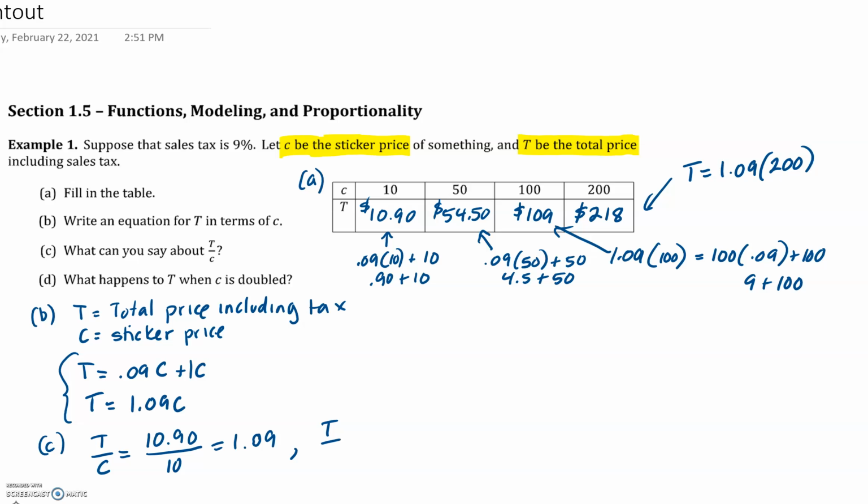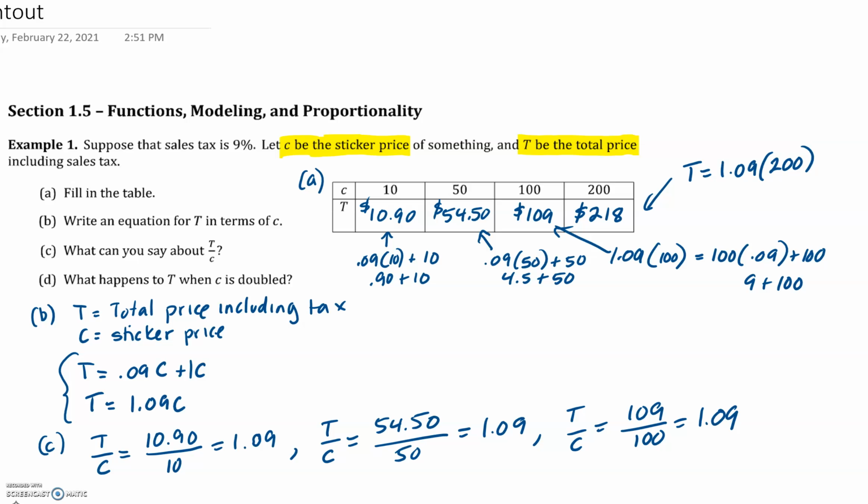In the second case, we would have 54.50 over 50. Do that on your calculator. We're going to get 1.09. One more time, T over C, we get 109 over 100, which is 1.09.